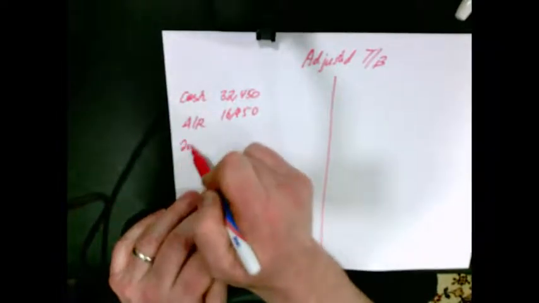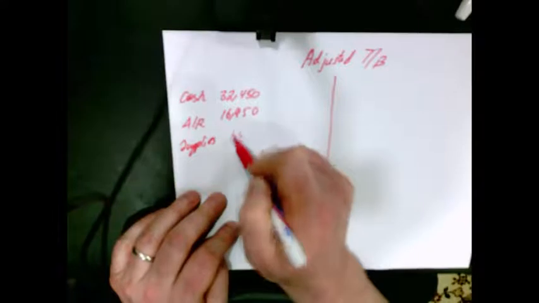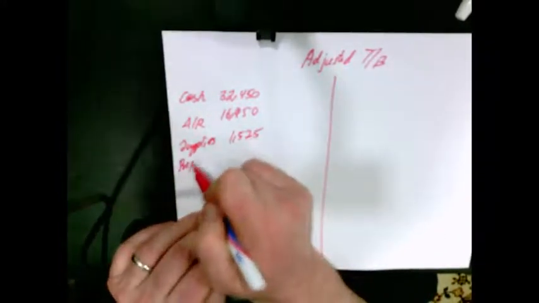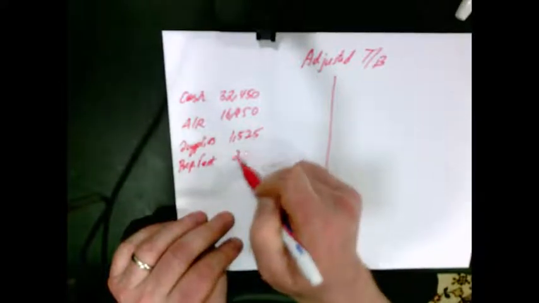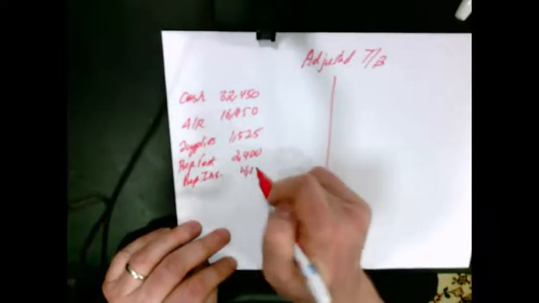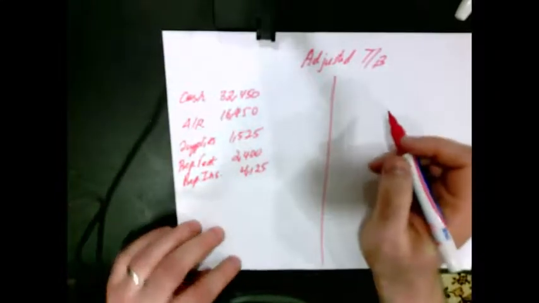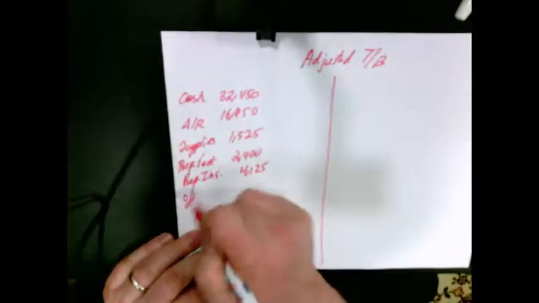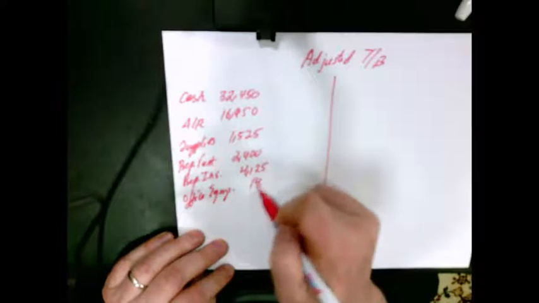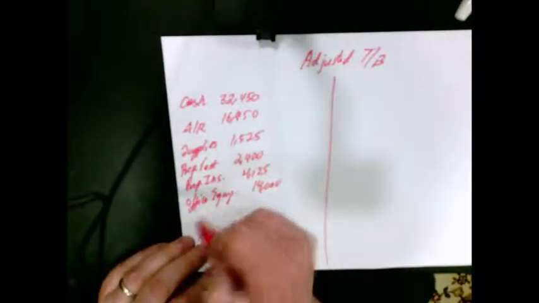Supplies is 1,525. Prepaid rent 400. Prepaid insurance is 4,125. Office equipment 14,000. I'll write accumulated depreciation right below office equipment because it's a contra asset account, as a negative.